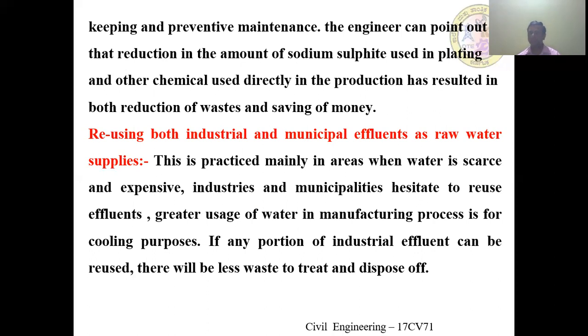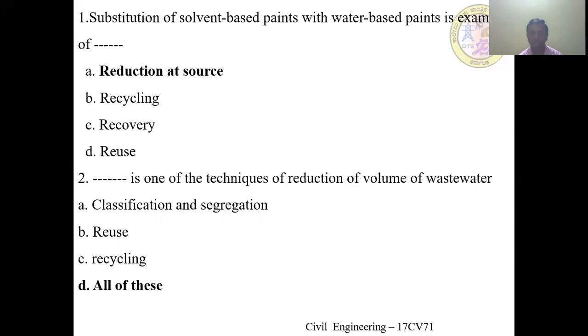In this way, we can reuse some of the industrial or municipal effluent. One example is cooling towers.